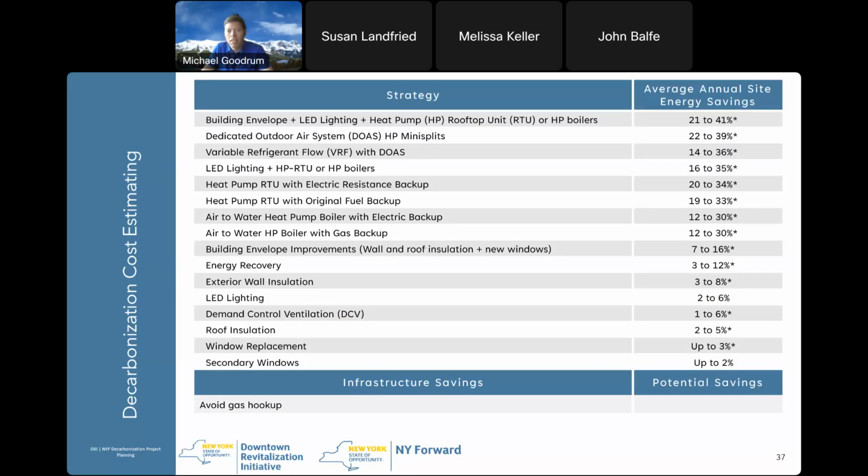You're thinking about decarbonization for your projects, and starting to build out what that looks like and what budgets might be. We've got all the strategies here, and some of them you've got combinations, right? So you've got individuals, like if you just do lighting or just do insulation, and then you can see, okay, if I combine lighting and a heat pump, or lighting and a heat pump and insulation, the effects and the savings that you can achieve, which can be pretty substantial when you start to combine it all together.